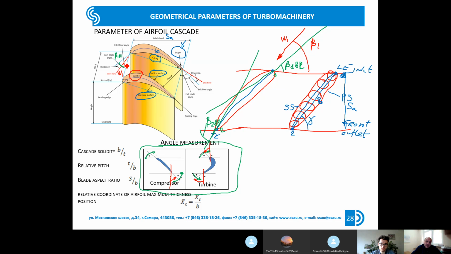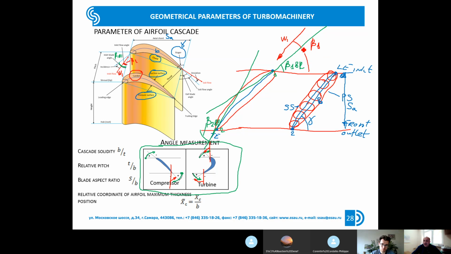And the angle between the front and the flow vector will be beta 1. So I draw your attention to the fact that we have two: beta 1 blade and beta 1 angles. Beta 1, this one, and beta 1 blade. Two very close designations. If we use the index blade, it means we are speaking about the construction. If we do not use it, simple beta 1, it means we are speaking about the direction of the vector.